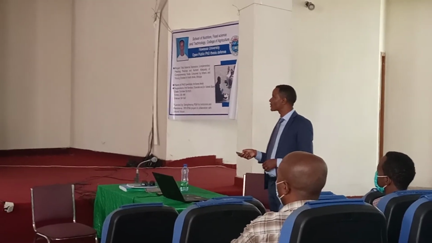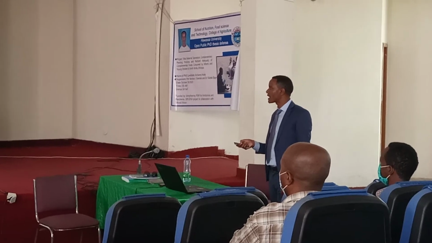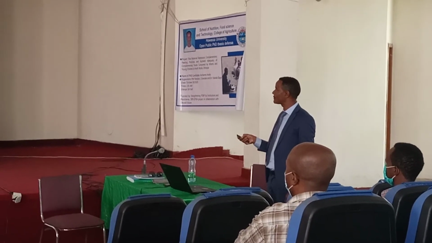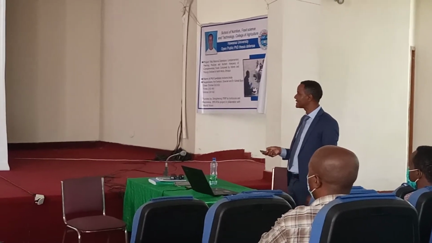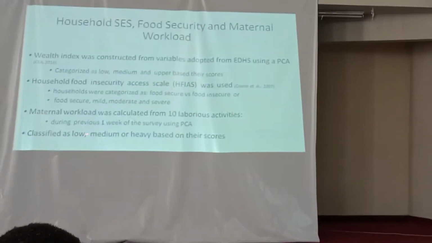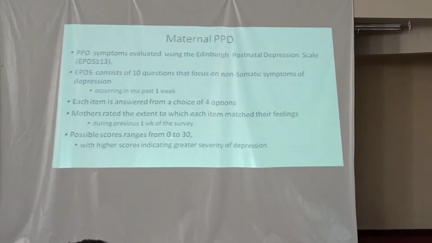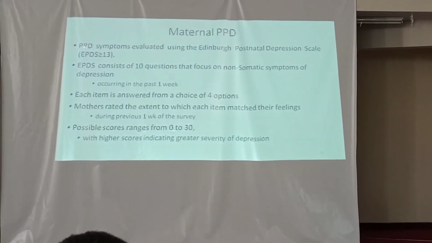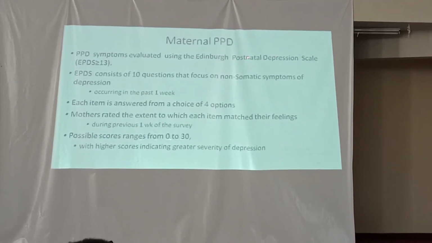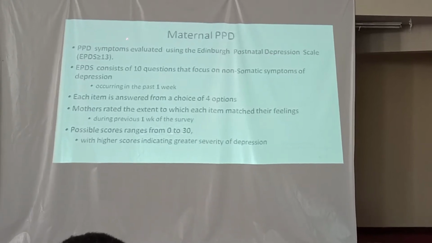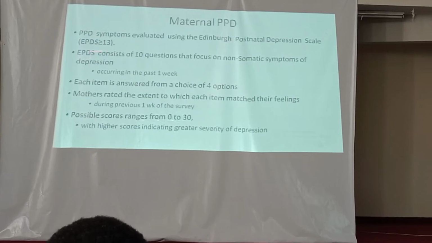Maternal workload was calculated from the 10 largest activities during the previous 1 week of the survey, similar to the Wells Index analysis, using PCA, and also classified as low, medium, and heavy based on their scores. Maternal postpartum depression symptoms were evaluated using the Edinburgh Postnatal Depression Scale with a cutoff point of EPDS greater than or equal to 13.